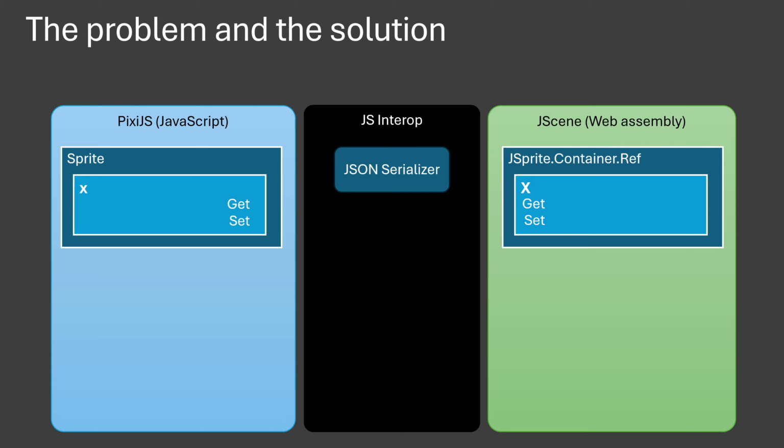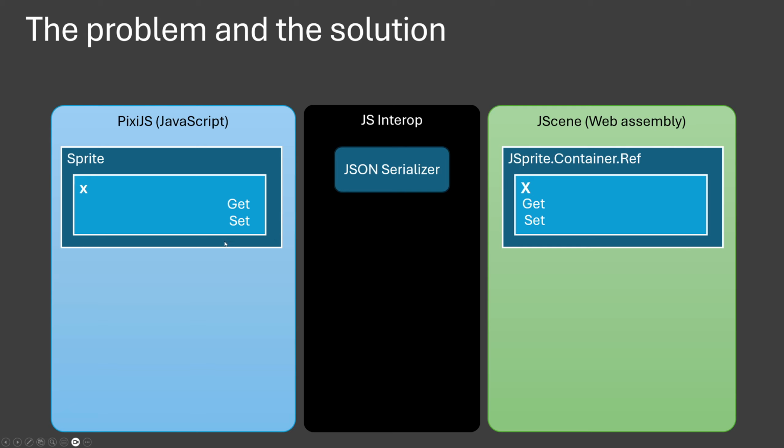All right, so the issue is we have Pixi.js, which is JavaScript, running in the browser on the client side. Well, all of this runs on the client side, of course. The WebAssembly runs on the client side, but they are not running within the same kind of scope. On the Pixi.js side, we have a scene, and then, for example, sprites, and these sprites have properties like the X position.